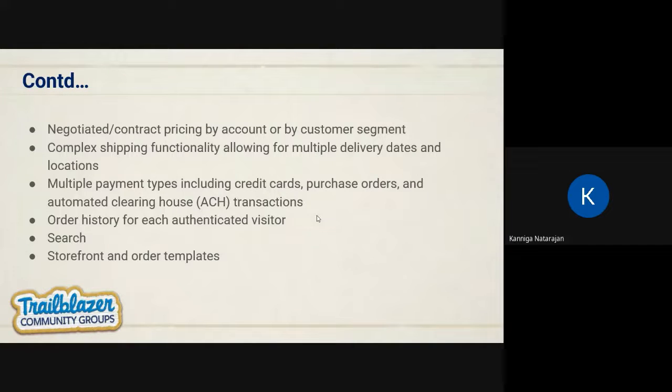Multiple payment types, including credit cards, purchase orders, and automated clearinghouse transactions. As we have in Amazon or Flipkart, we see so many payment options like credit card, debit card, UPI, and cash on delivery. Like that, in B2B Commerce, purchase orders are already available by default.